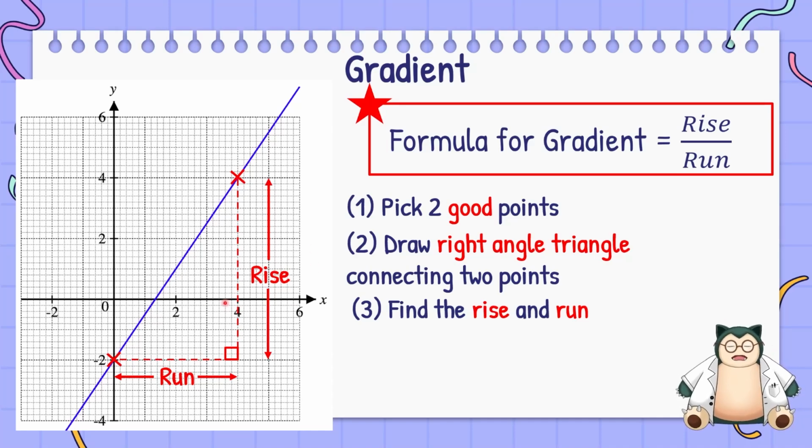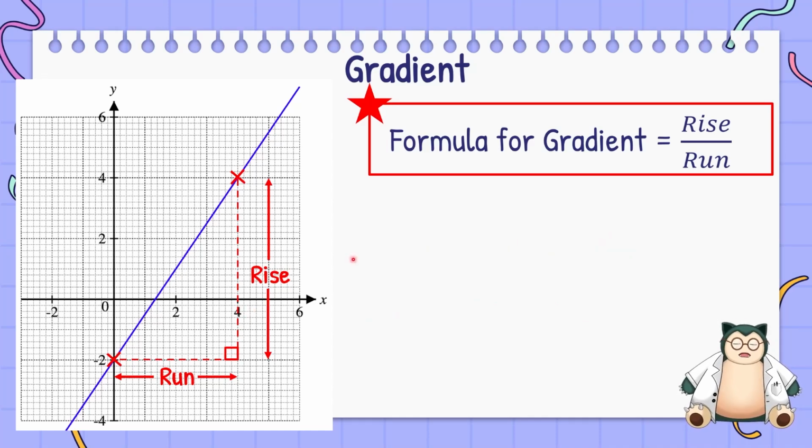For rise, you think about moving something vertically upwards, that's what I mean by rising up, standing up. So the vertical part of the right angle triangle is associated with the value of rise. The horizontal part, because we always run horizontally, is what is meant by the run. So it is the length of the horizontal part of the right angle triangle.